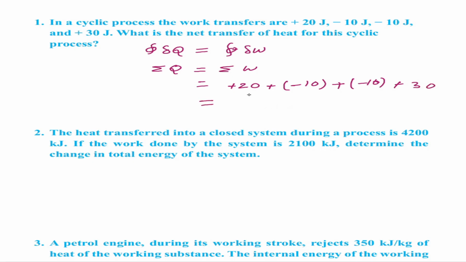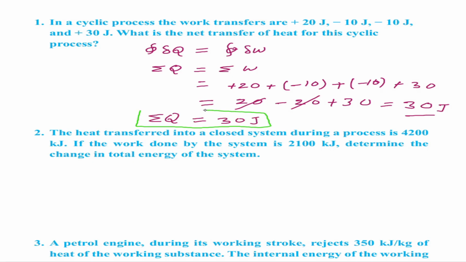So this is 20, minus 10 and minus 10 become minus 20, and 30. So this 20 and this 20 cancel out, and we remain with 30. All are in joules, so the answer is 30 joules. This is the answer: net heat interaction is equal to plus 30 joules.